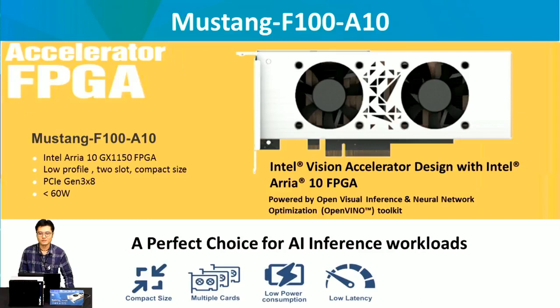The low latency feature means that with the FPGA structure design, it's very suited for real-time inspection tasks. And with the OpenVINO Toolkit, it's very easy for a user to deploy their inference.